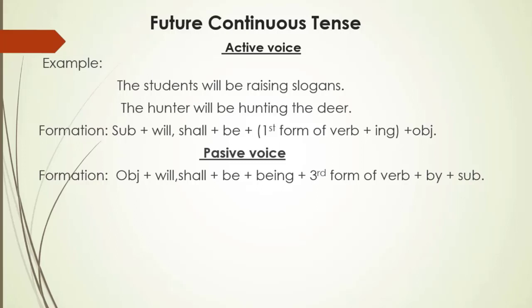We shall use object as subject plus will or shall plus be plus being. Make sure that we have to add be along with being. Both will be used in the passive voice of future continuous tense, plus third form of verb. As I have already told you, in all the tenses you have to use the third form of verb to make their passive. Plus by plus subject.